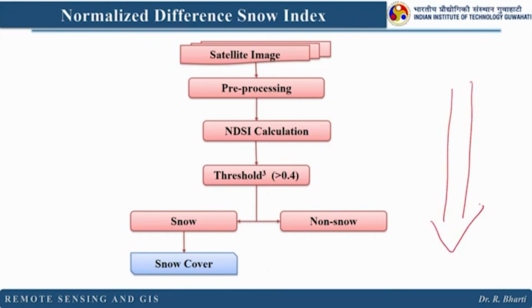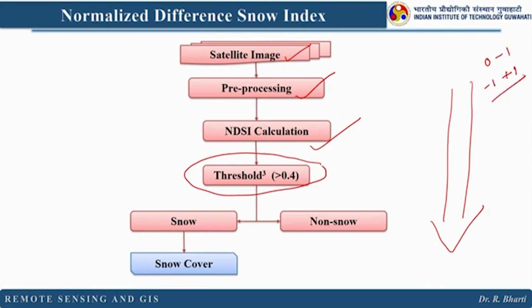Here you have a satellite image, and you pre-process it. Pre-processing means correcting the satellite data for errors, and then you apply a digital image processing technique. Here NDSI is calculated, and all the indices or band ratios will give you a value which will range maybe 0 to 1 or -1 to +1.